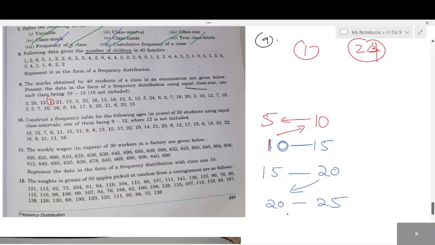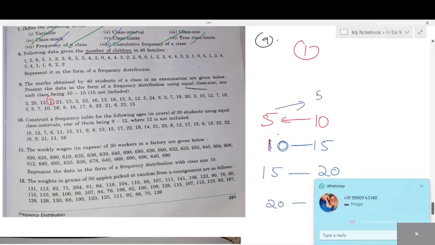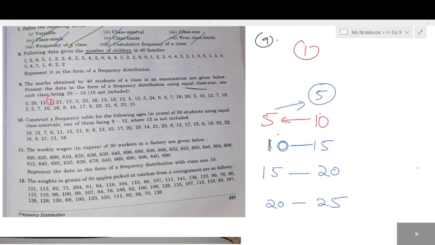Can you see I've taken one greater value, 20 to 25, so that I can put 24 in that, right? Now tell me, from 5, 5 should get repeated. What should I write here? 5. And what will be the number? 5 minus 5 is 0. Understood how to write the values? Is it clear?